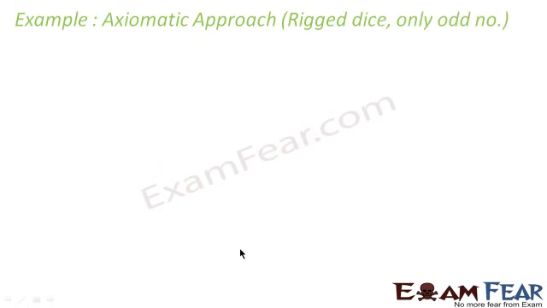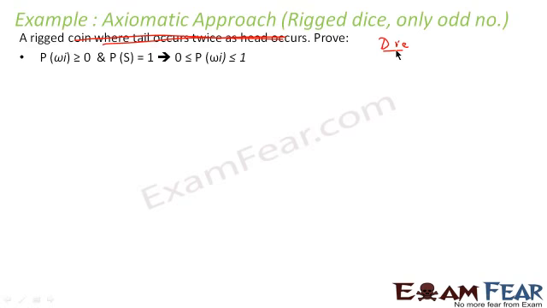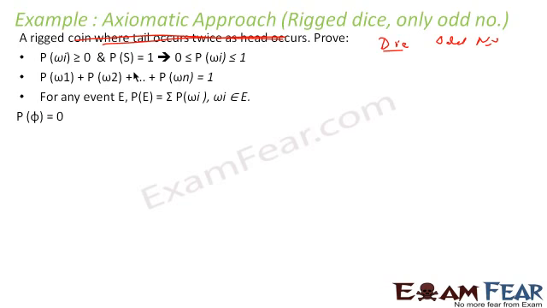Let's take one more example wherein we use the axiomatic approach for a rigged die. A rigged die is thrown which has only odd numbers. We have to prove all this.